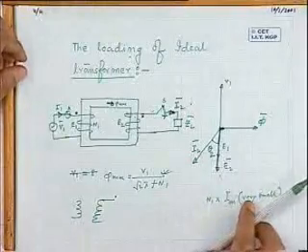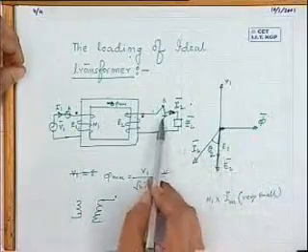Now what I am trying to tell is that the flux level under no load condition and the flux level during loaded condition should not change. Because of what? Because primary KVL is to be satisfied. Applied voltage is N d phi dt. It is decided by this one.